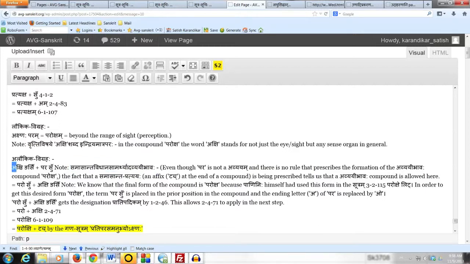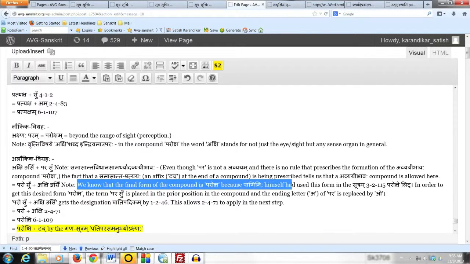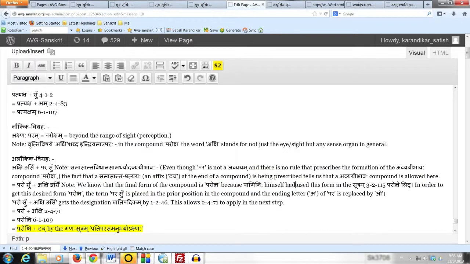Now the question comes is which member of the compound takes the prior position. Now the fact that the samasanta pratyaya touch is being prescribed to an avyayi bhavaha compound ending in akshi tells us that akshi should be the latter member of the compound. Not only that, we know that the final form of the compound is paroksha because Panini himself has used this form in the sutram 3-2-115 parokshe lit, which we have studied.